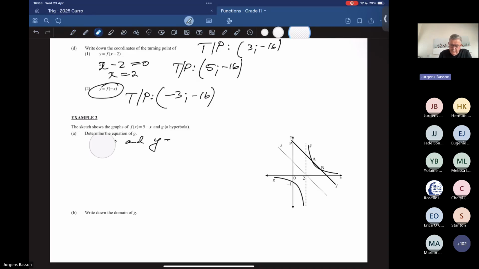The break didn't do me well. x cuts at 2 and y cuts at 0. So that means the x-axis is an asymptote, and this one is the other asymptote. So we have our two asymptotes, the y equal to 0, because it cuts the y-axis at 0 and it cuts the x-axis at 2.